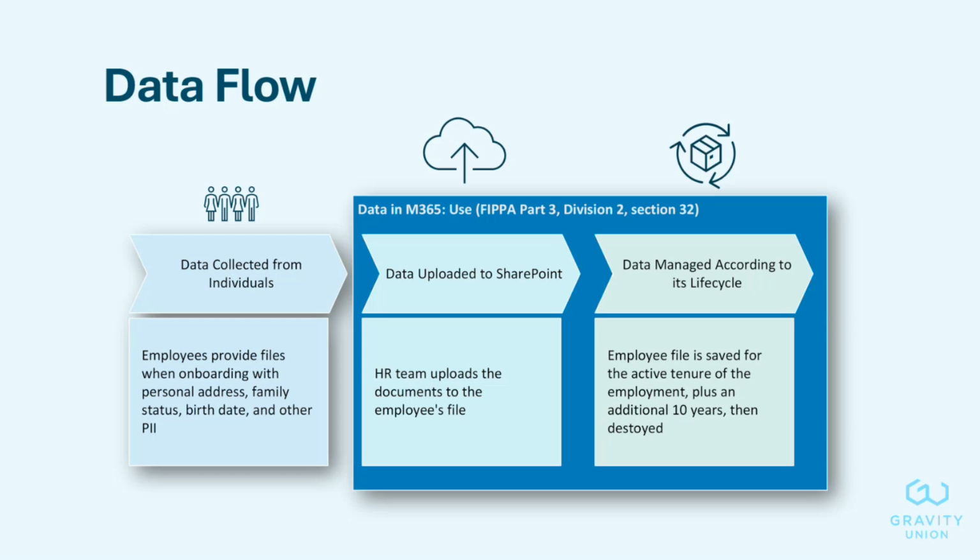The example here I'm drawing on is more from that HR perspective. As any new employee, you will provide files to your organization with things like your personal address, family status, birth date, and other personally identifiable information. So the first step of that is, of course, the collection.